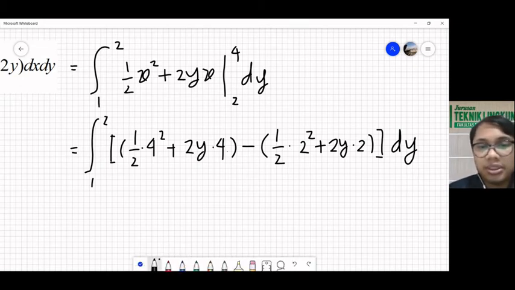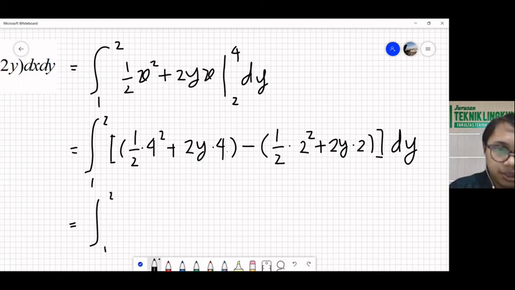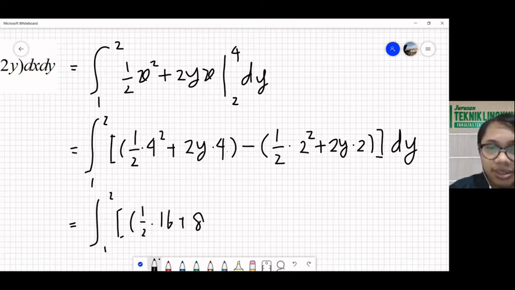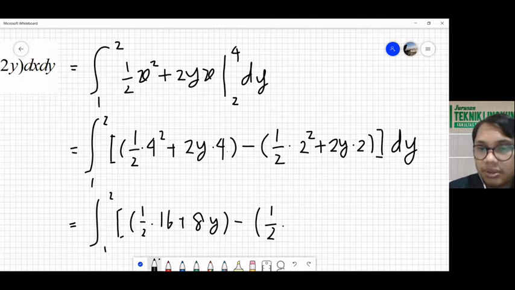Now you just operate this mathematical equation in the regular way, so everything becomes okay. I will write it in detail for those who already know or who can calculate faster. So it becomes one half times 16 plus 8y minus one half times 4 and 4y.